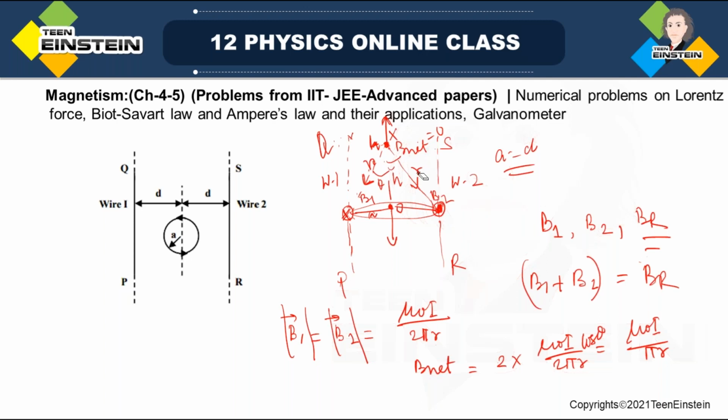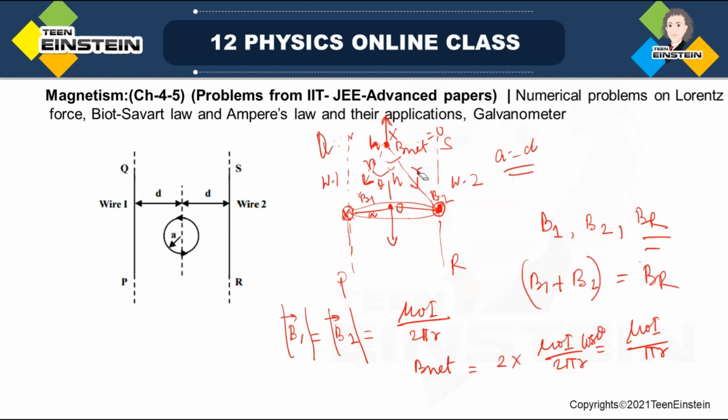Here there will be obviously a 2, and this pi and that pi will go off. So mu 0 I a square by 2 (a square plus h square) to the power 3 by 2.